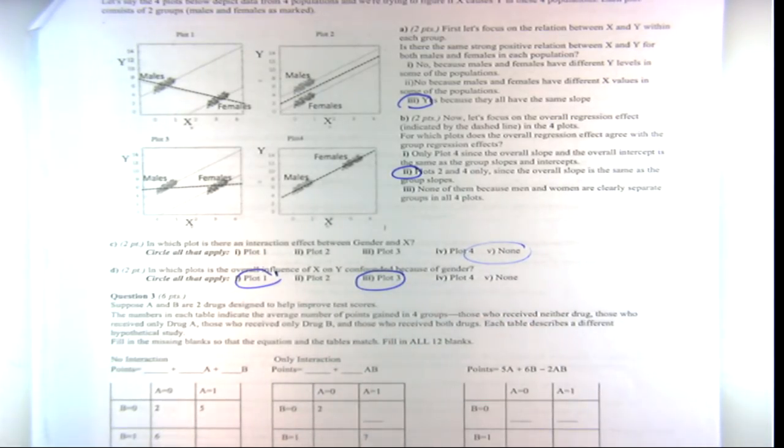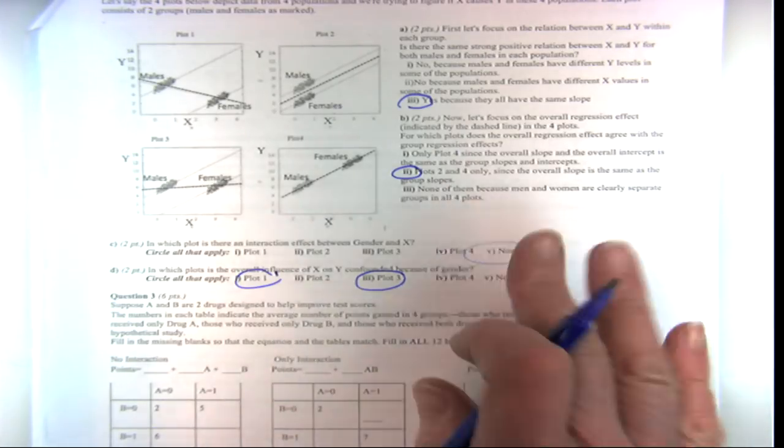Okay, any questions on that? You should really do some of the homework on this because I think it would be important. For example, let's look in our notebook here.